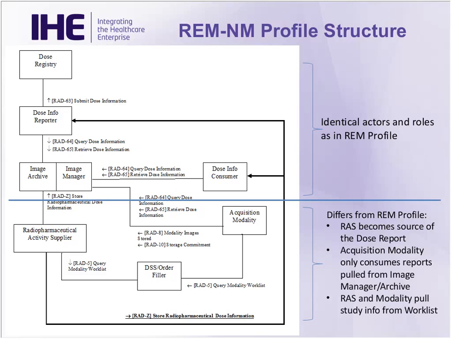So these are the main differences between REM and REM-NM: the RAS is now the source of the reports, and the acquisition modality is just a consumer of those reports, just like any other consumer actors. And both RAS and the modality pull study information from the work list.